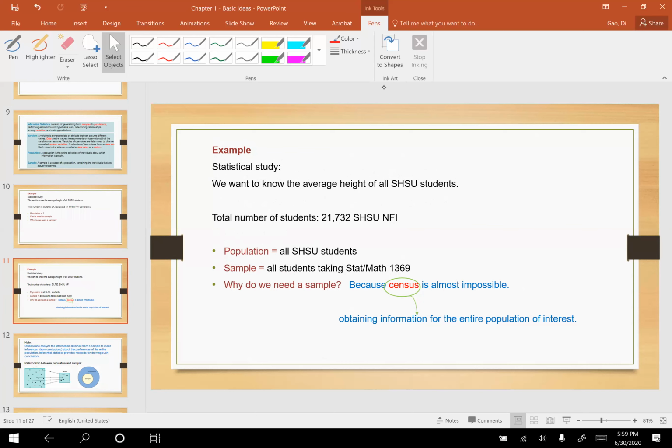If we look at the question, we want to know the average height of all SHSU students. It is really hard to get this information from every single student, from all 21,732 students. Because it's impossible, we want to collect information from a group of people, which is a subset that we can observe. So what is a census? A census is obtaining information for the entire population of interest.